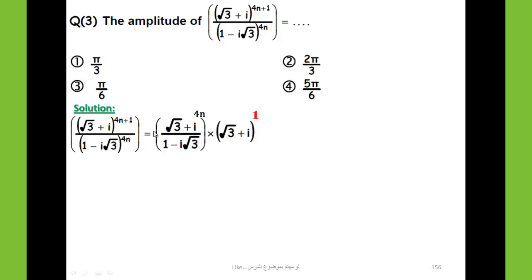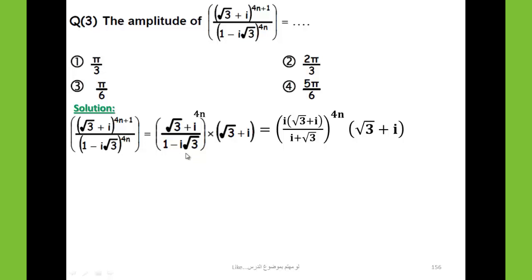Now we want to simplify this fraction, multiplying up and down by i. Root 3 plus i over: multiplying 1 by i, we get i; multiplying negative i root 3 by i, we get negative i squared, and i squared equals negative 1.